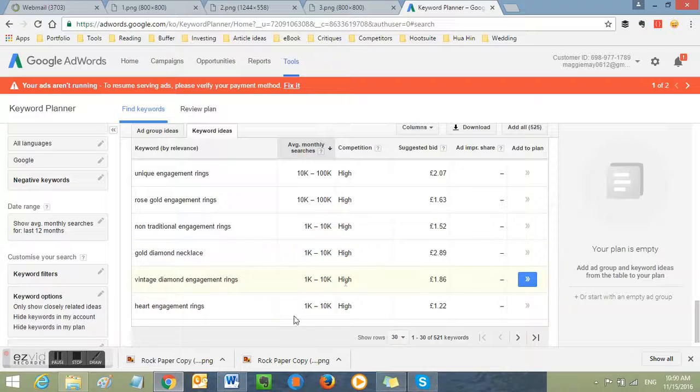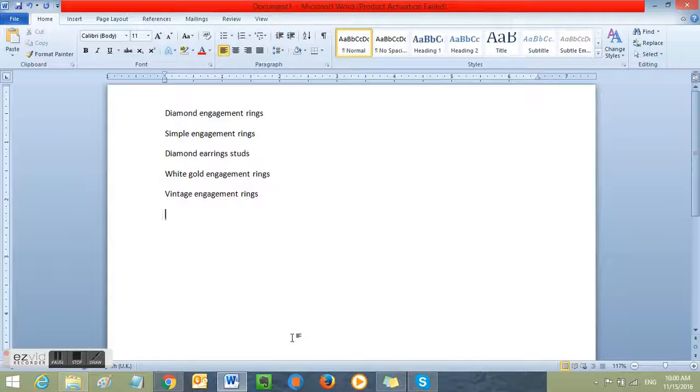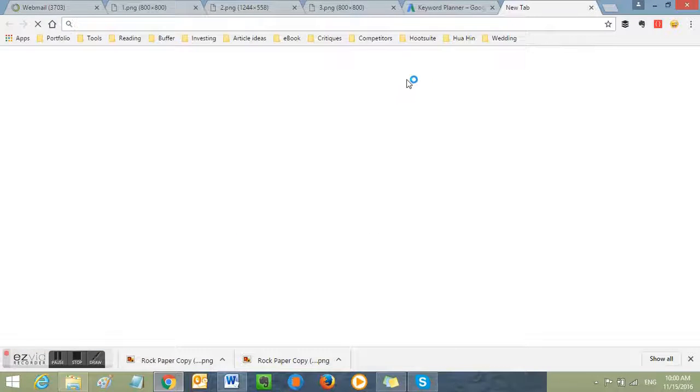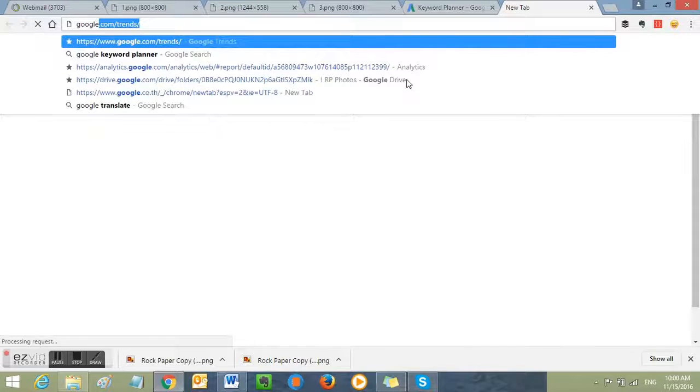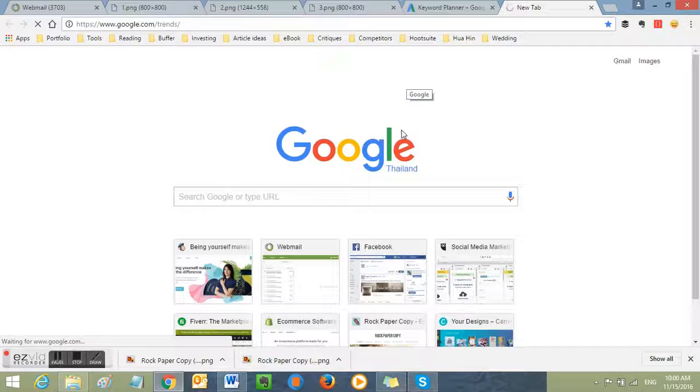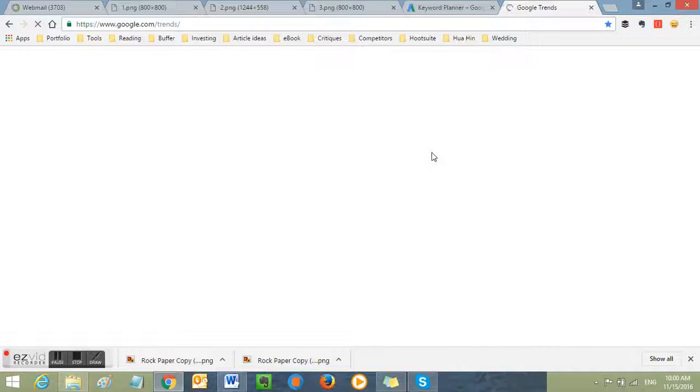The next step that I like to take is go to Google Trends. It's google.com/trends, and it will give you approximate search volumes for the last few years, and also predicted search volumes for the next year or next few years, because that's what it does.